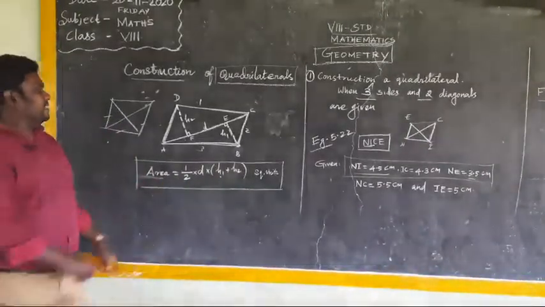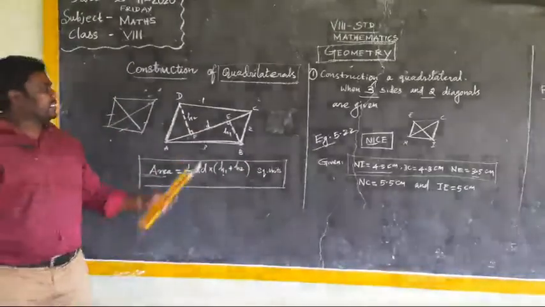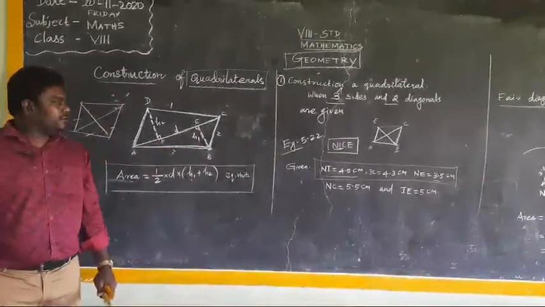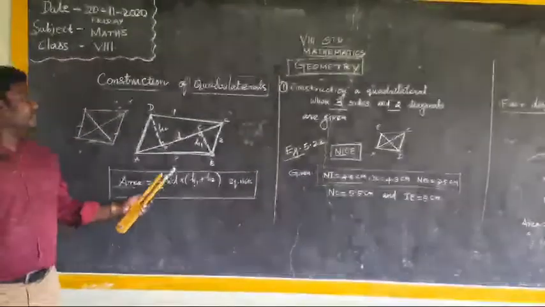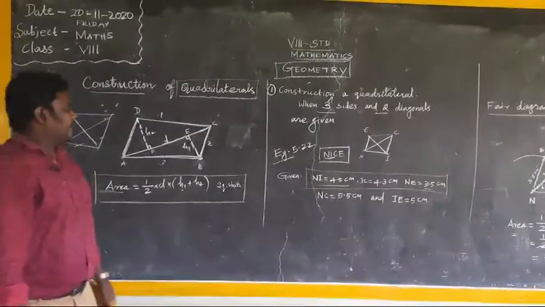Here d is the diagonal. What we take to measure h1 and h2 is the diagonal value. So d is the diagonal, and h1 and h2 are the heights.